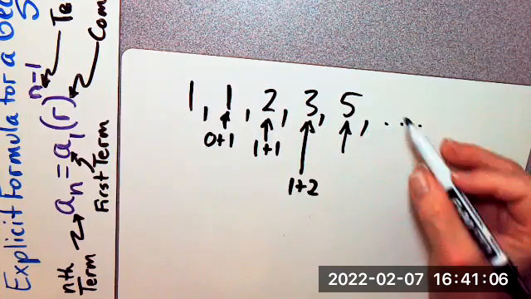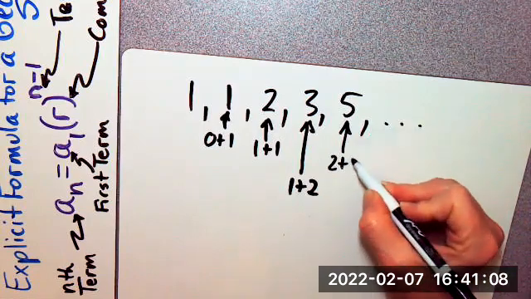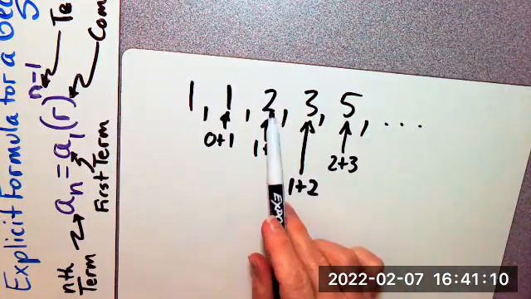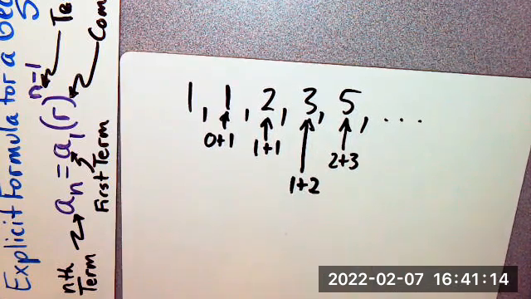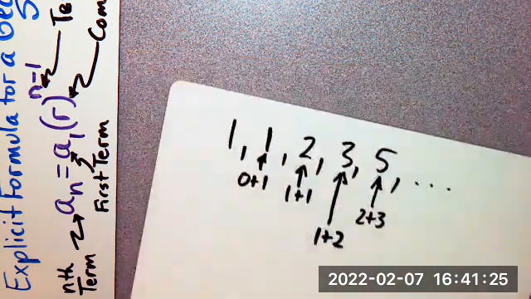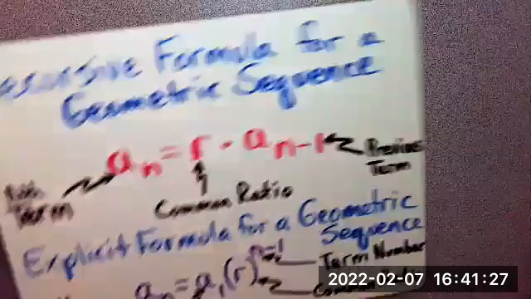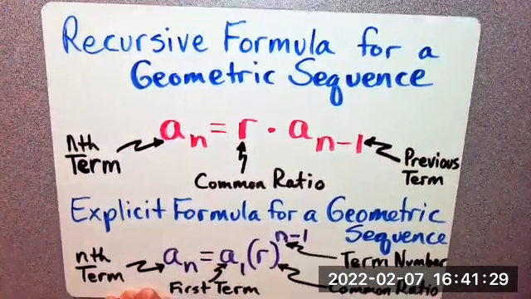See, we all make little mistakes. We just have to make sure we catch them. And then 2 plus 3 is 5. So this is called the Fibonacci sequence. It's a very important one, and apparently musical hits usually follow the Fibonacci, and also the Nautilus shell. Okay, so let's go on with this.